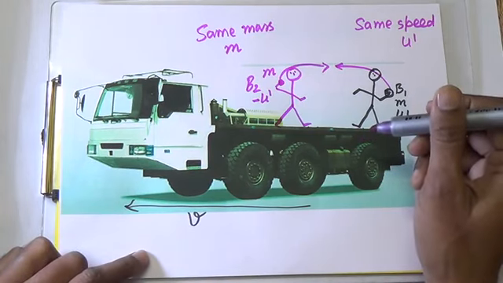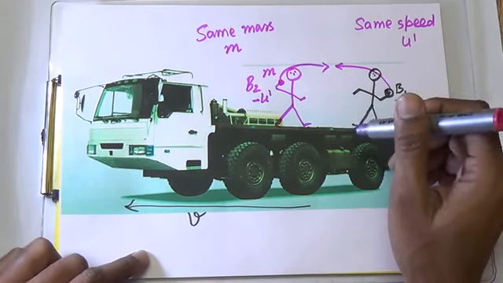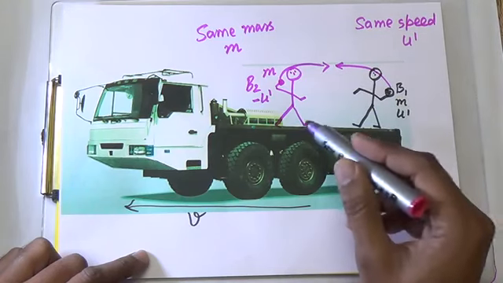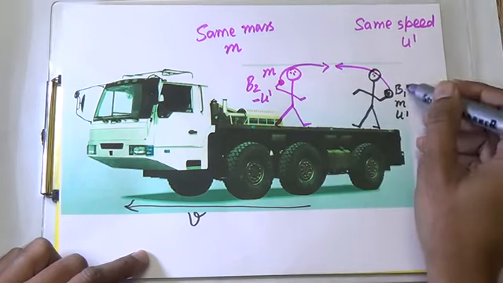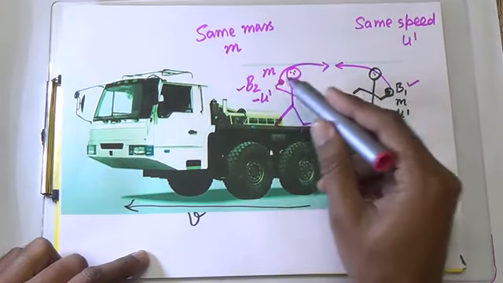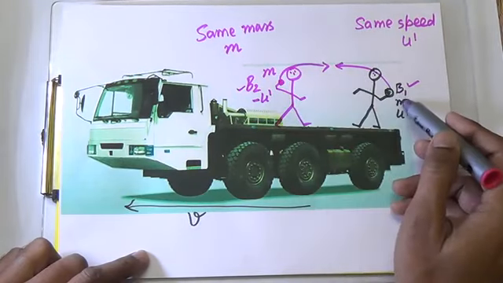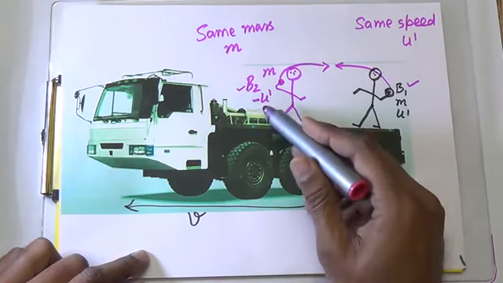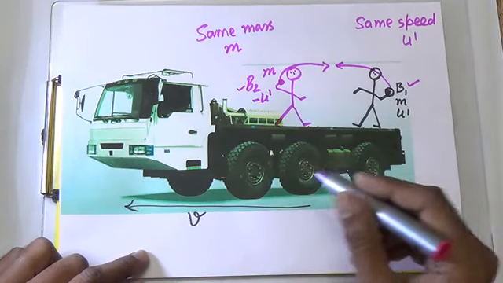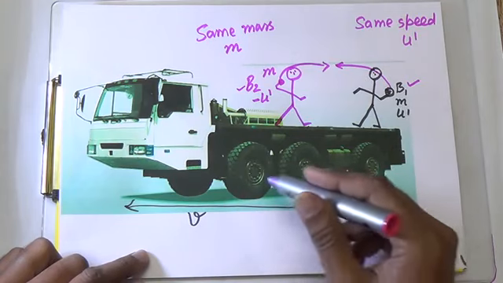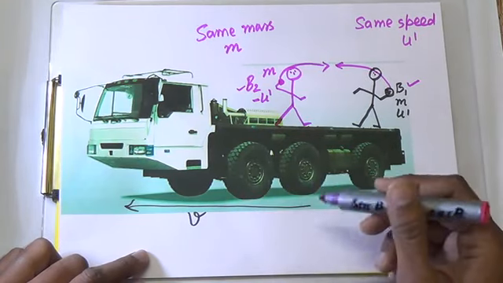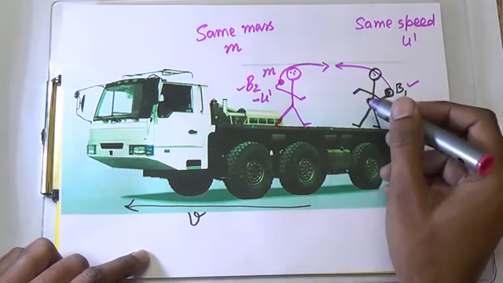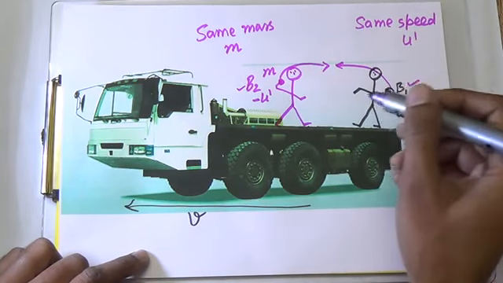So the point is that we have to explain relativistic mass with this physical situation where we are considering two balls b1 and b2 of the same mass m and the same velocity u prime in a moving frame. This truck is moving, so we say this is equivalent to a moving frame. Now before collision, what happens?